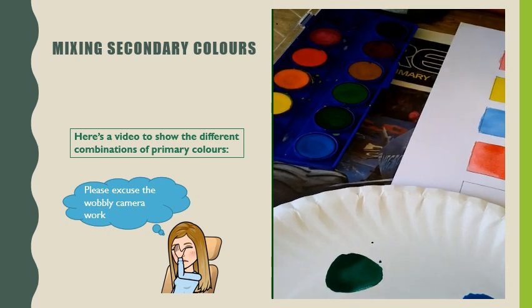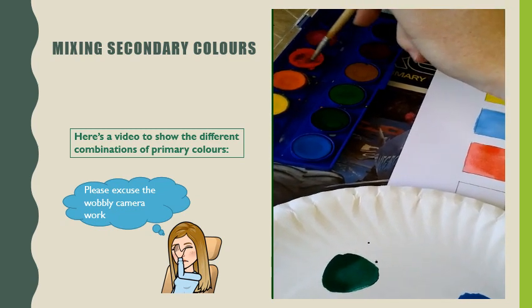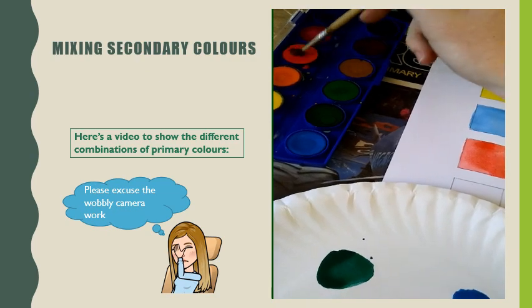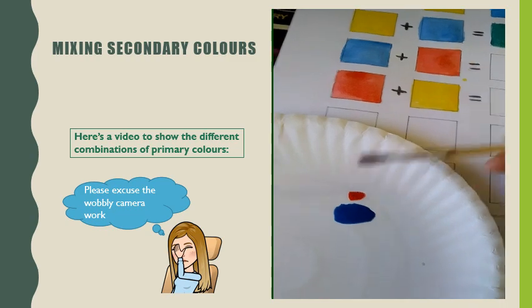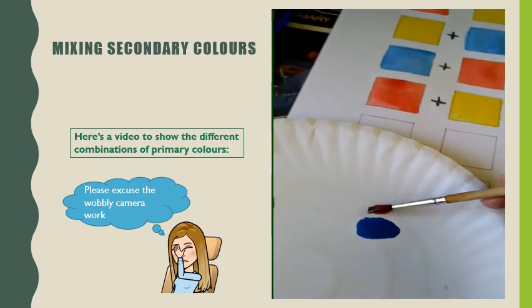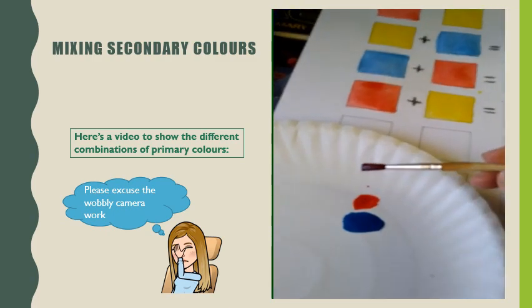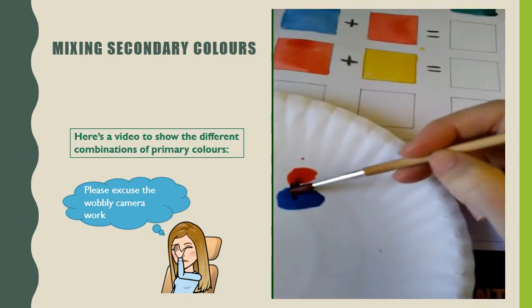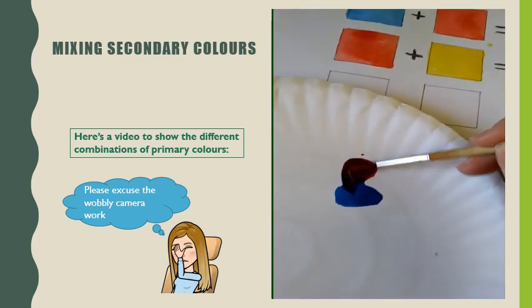We need to have enough of it as well so that it doesn't become overshadowed by the other blue color. So we should have enough now. I'm going to add a bit of our red. Just want to get quite a bit out. And I'm going to put little bits of blue into my red so that we can see the color we make.